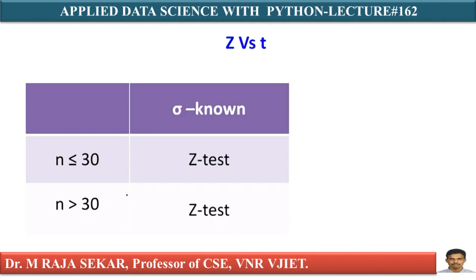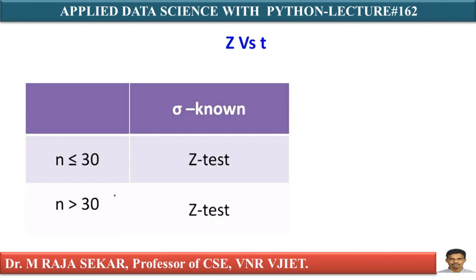To decide when to go for Z-test, there are two criteria. First is sample size, and second is whether sigma is known or unknown. Without considering the sample size, whenever sigma is known, whether the sample size is less than 30 or greater than or equal to 30, you should go for Z-test.